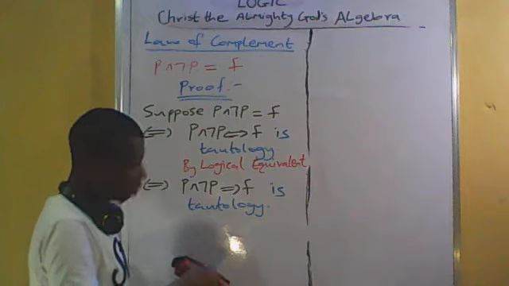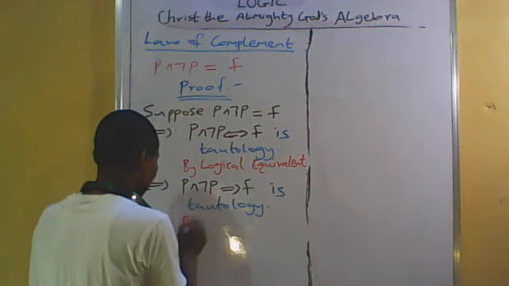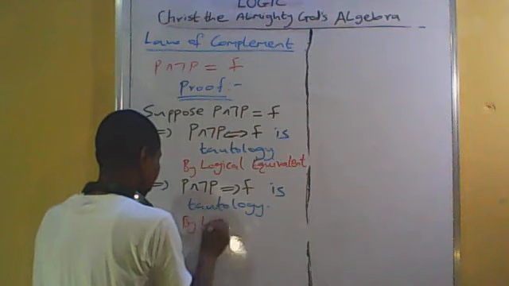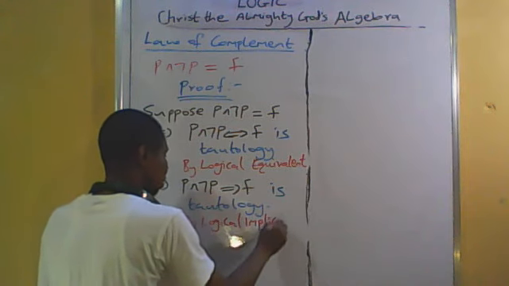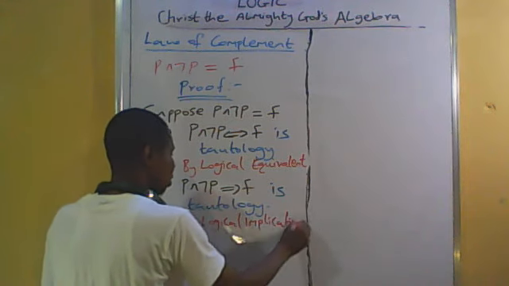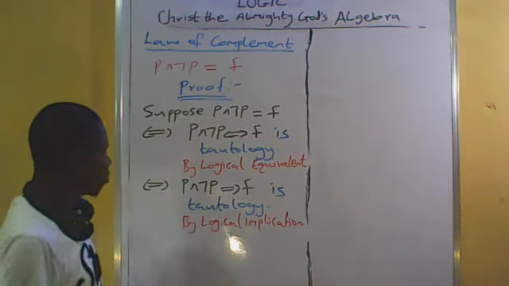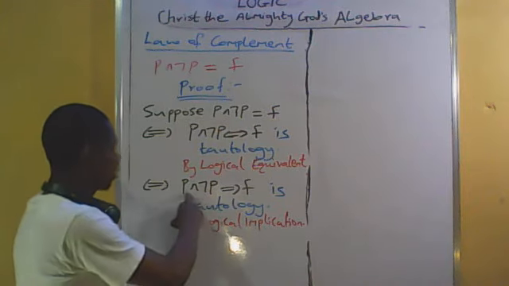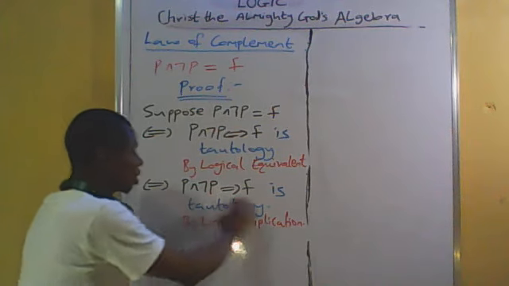Is tautology being justified by logical implication. Now you will find out that P and not P implies F is tautology.